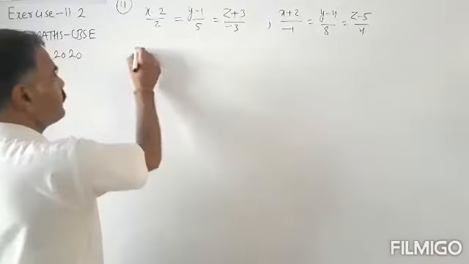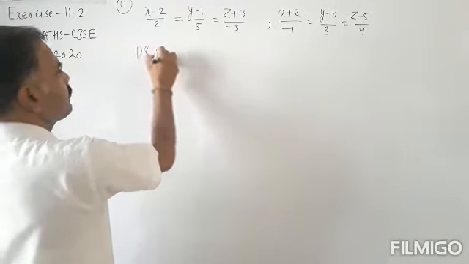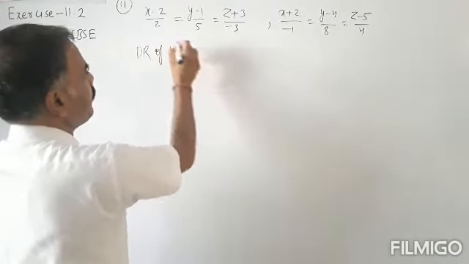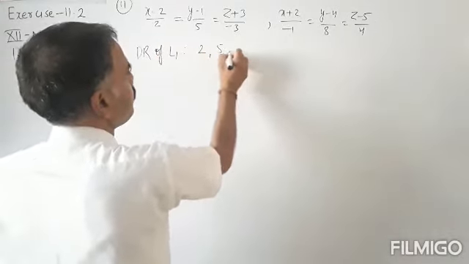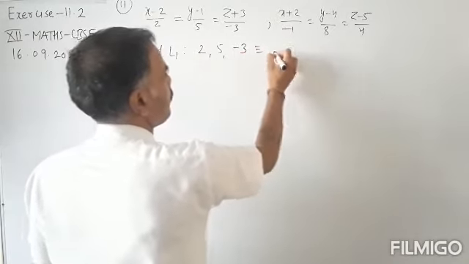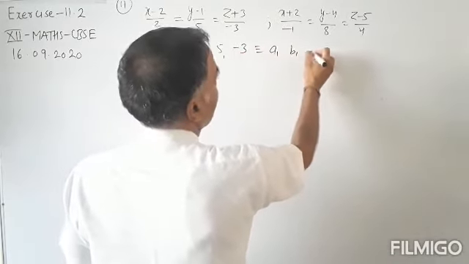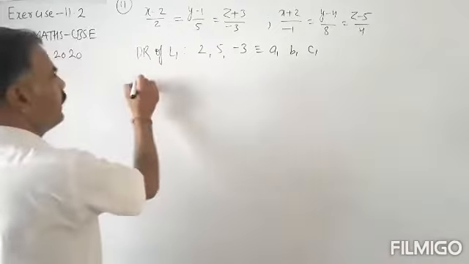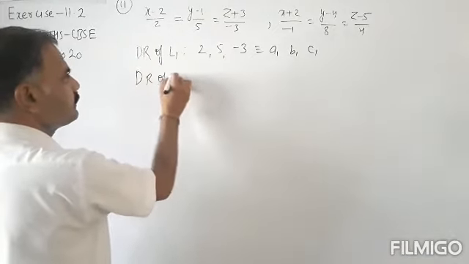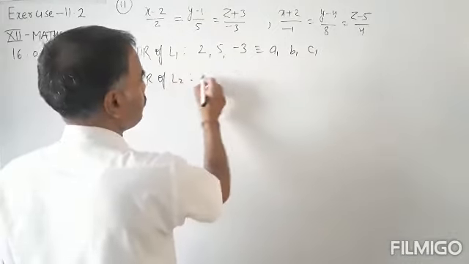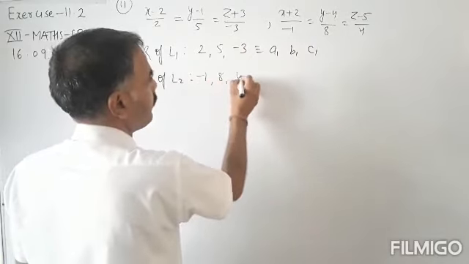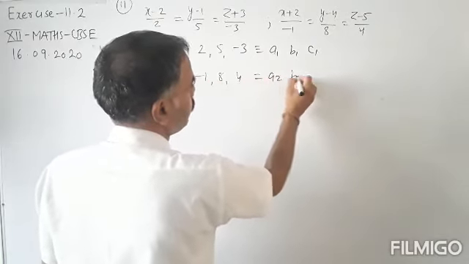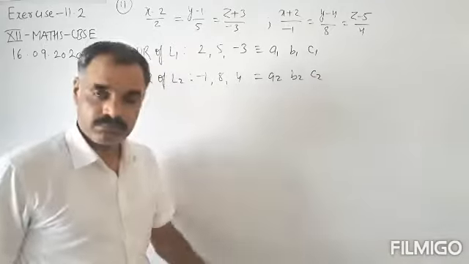So the direction ratios of line first are 2, 5 and minus 3, that is A1, B1 and C1. And the direction ratios of line second are minus 1, 8 and 4, that is A2, B2 and C2.